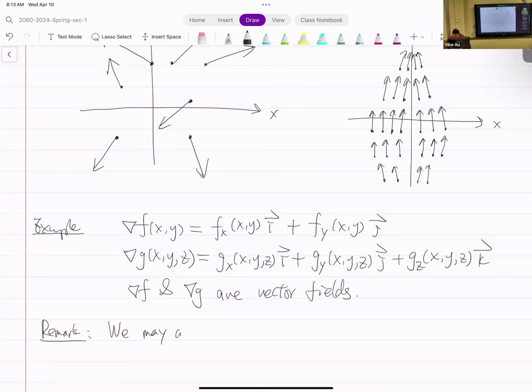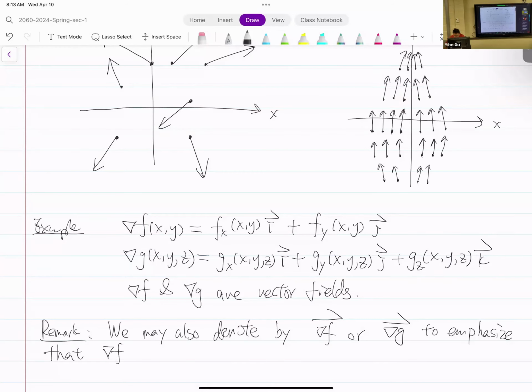We may also denote the gradient of f or the gradient of g with the vector symbol to emphasize that. So now these gradient operations resulted from these functions are vector fields.